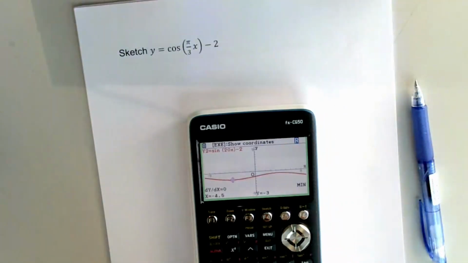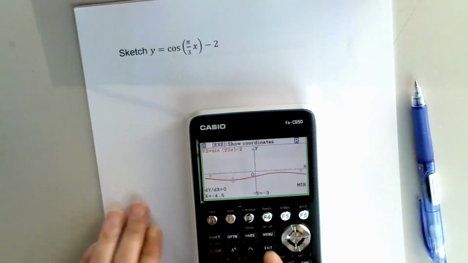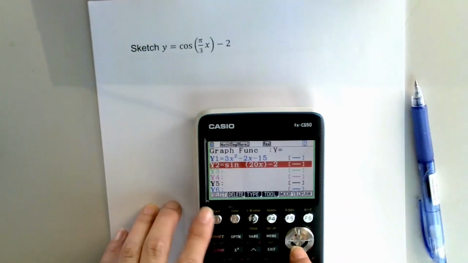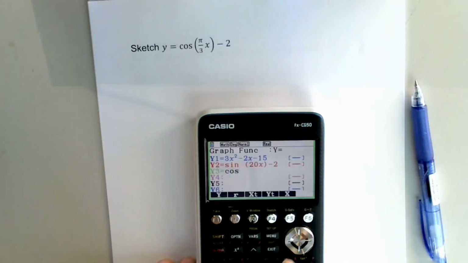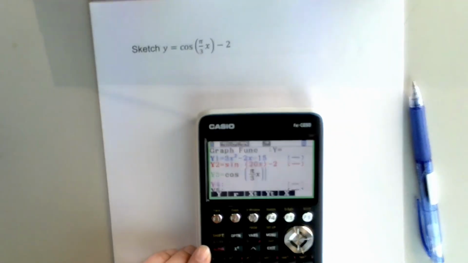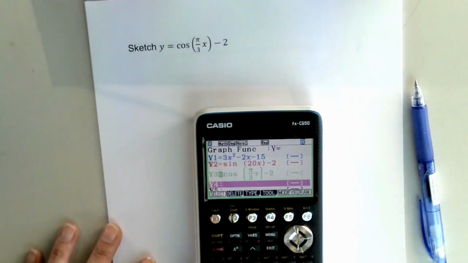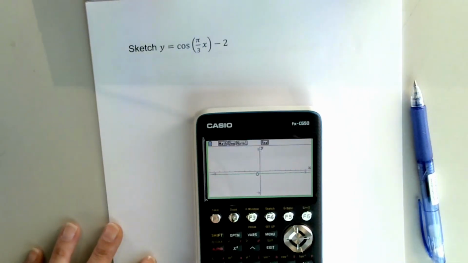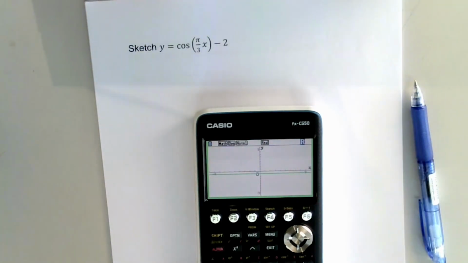Now, how about sketching this one? Again, I select this one: pi over 3 x minus 2. Hey, I see a straight line again. It doesn't work.